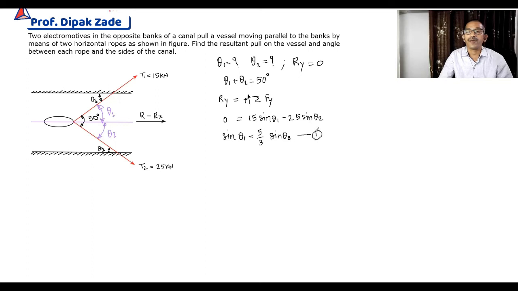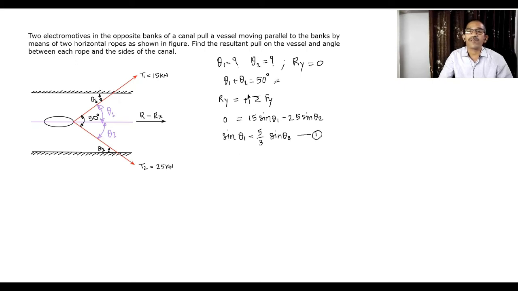Now, you know theta 1 plus theta 2 is 50 degrees. From this relation between the angles, we'll substitute theta 1 in terms of theta 2.